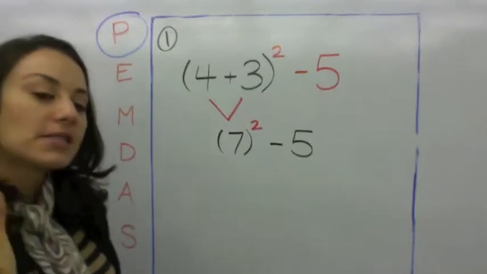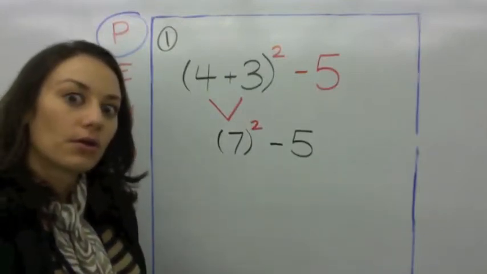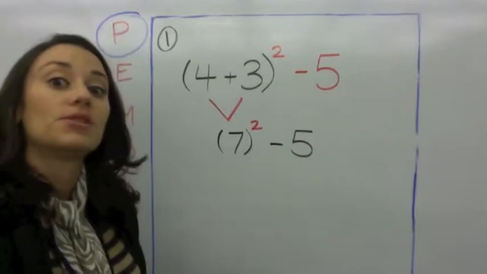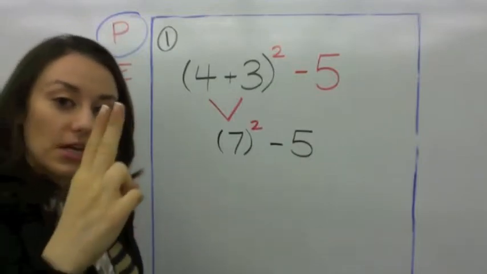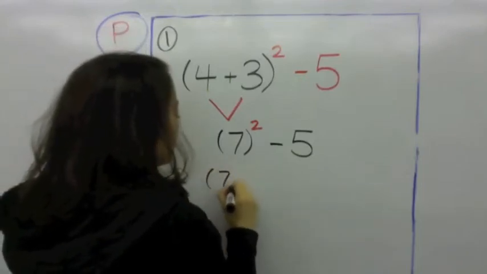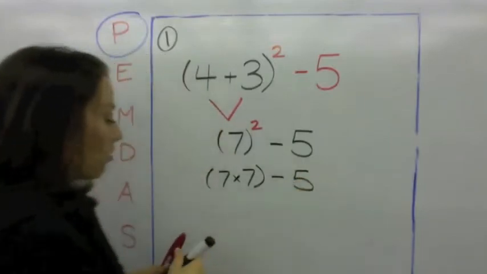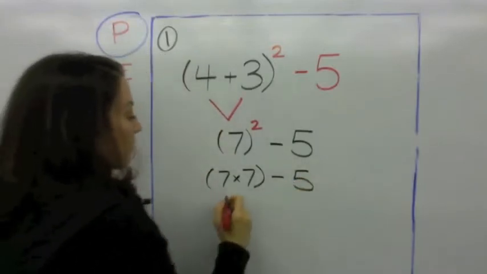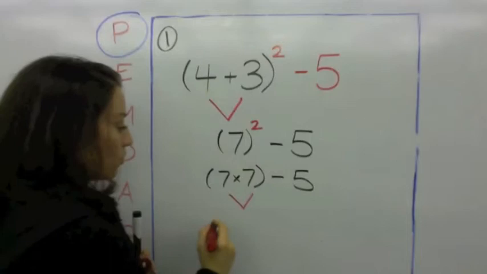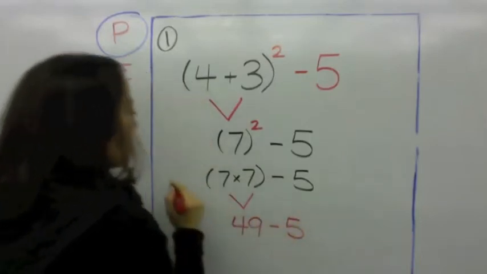And remember, what is 7 squared? It means 7 times 7, right? 7 times itself, 2 times. So this means 7 times 7, and then I'm going to subtract 5. So 7 times 7, we know, is 49, minus 5.